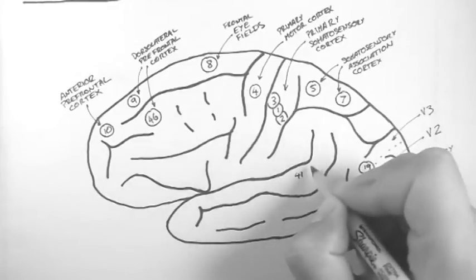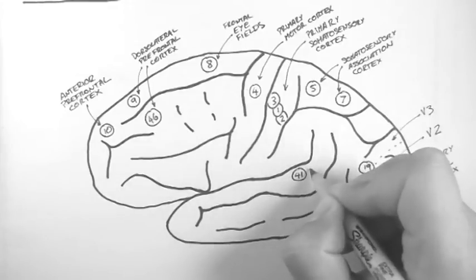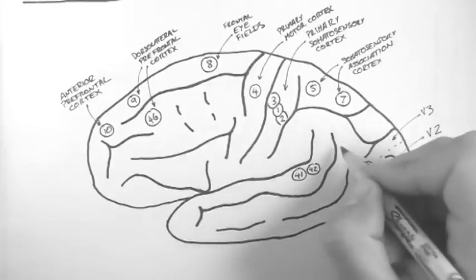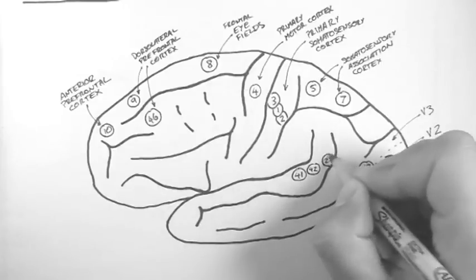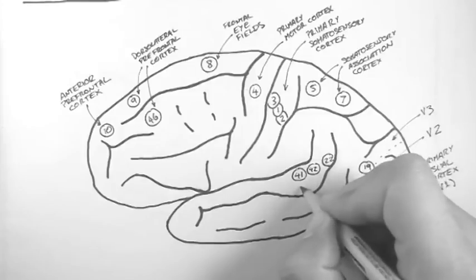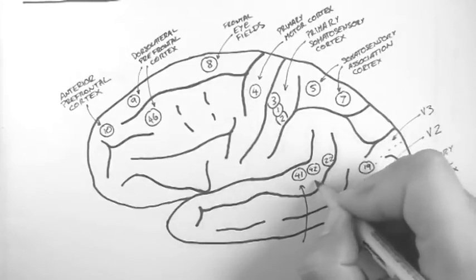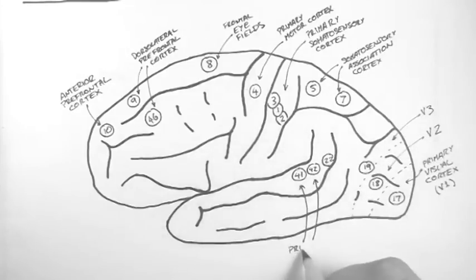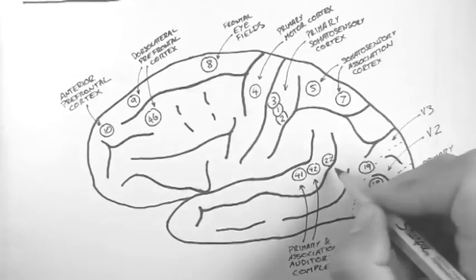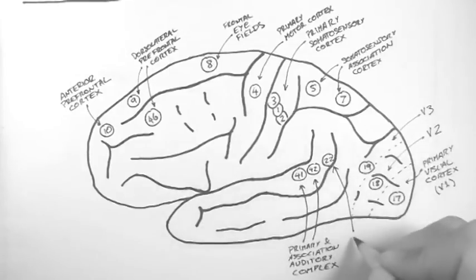Now over here, 41 and 42 and 22 lie in the temporal lobe, in the superior temporal gyrus. 41 and 42 are the primary and association auditory complex. And Wernicke's area, which is Brodmann number 22, is a very important part of the brain for understanding language.